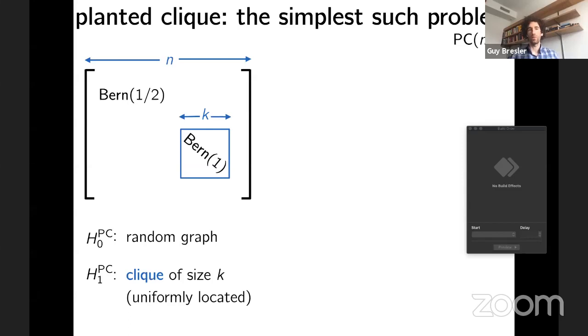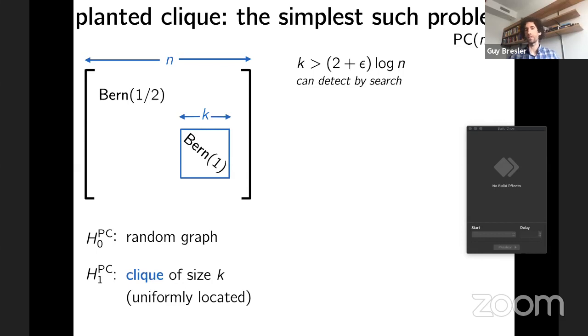Here there's just one parameter, k, for any given graph size n. We'd want to know how big k has to be so that we can solve the problem. If k is bigger than roughly 2 log n, then the size of the clique that's been placed in there is bigger than the largest naturally occurring clique in an Erdős-Rényi random graph. And so one can detect the presence of the clique by searching over all size k subsets.